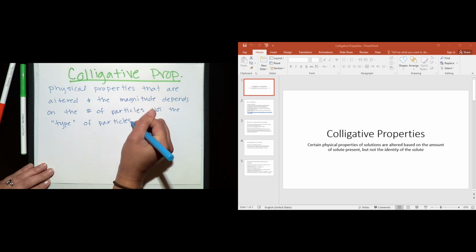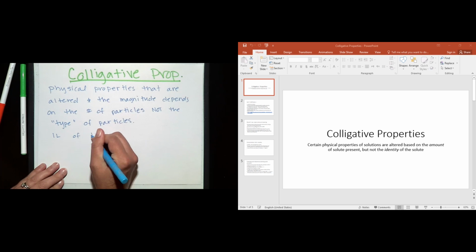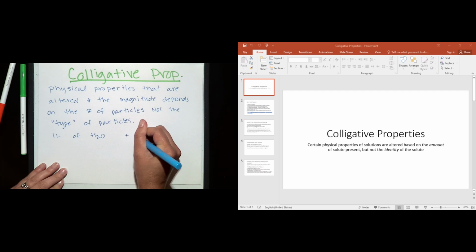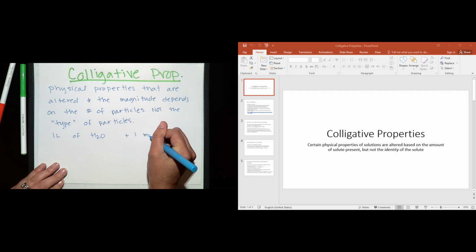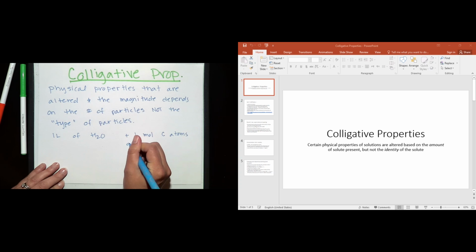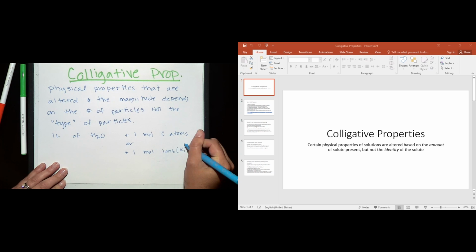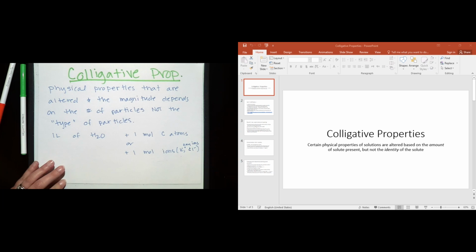So what that means is if you have a liter of water, and you add 1 mole of, let's say, carbon atoms, or 1 mole of ions, potassium, chloride, any ions, doesn't matter what charge, could be 2 plus or 2 minus, just how many ions.